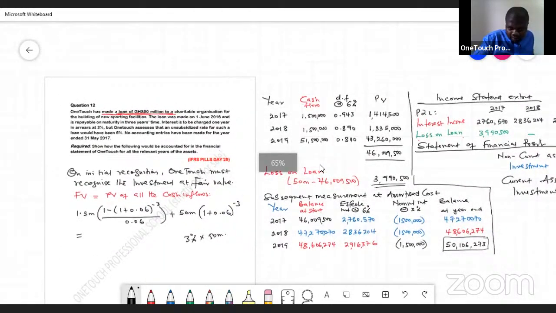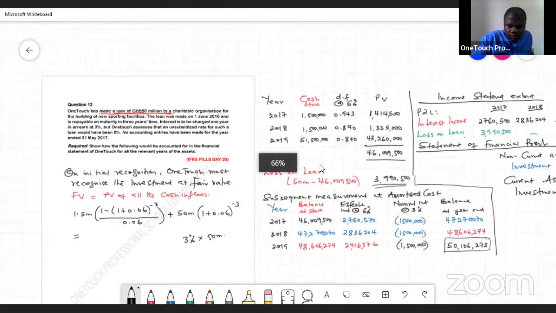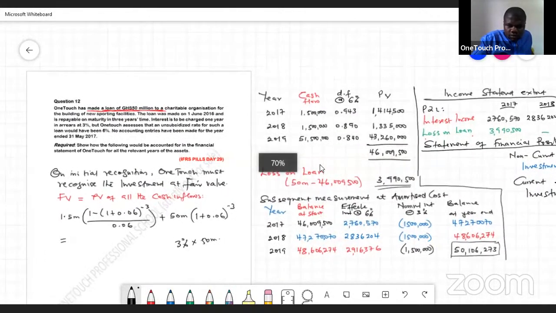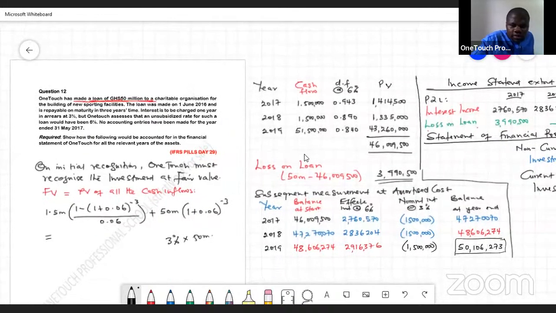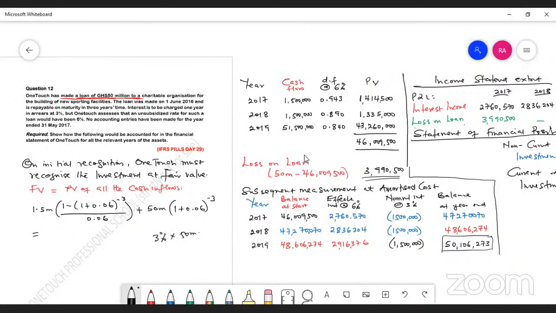If you want to take a shot, you can start from this side. Let me increase it. All right, so as you move to the next slide, if you have any question, can you let me know?